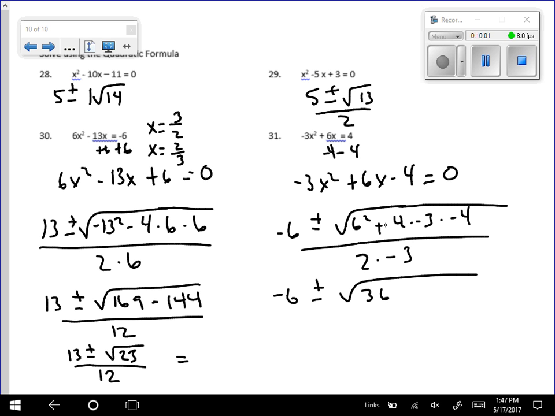All right, so careful here. Negative times a negative times a negative. So 12 times 4, and it should be negative 48. So this would be negative 6. We're going to end up with a negative inside the radical, so our answer here would be no solution.